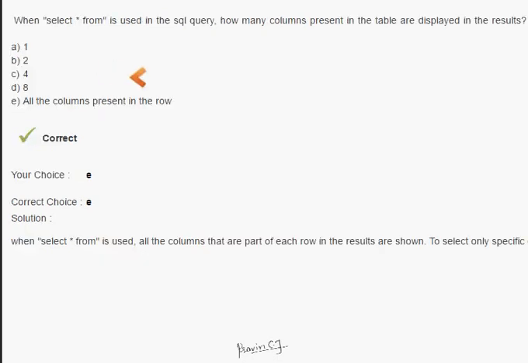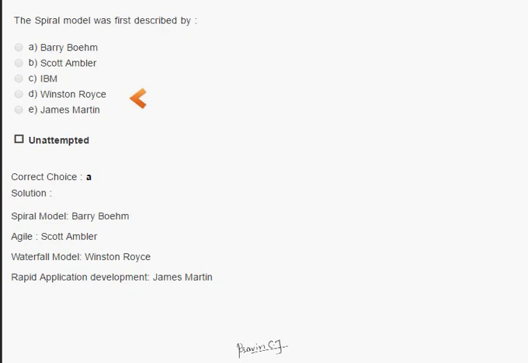You may have this question regarding agile: who developed the agile model? The answer is Scott Ambler. A for Ambler, A for agile. For the waterfall model, W for waterfall, W for Winston Royce.